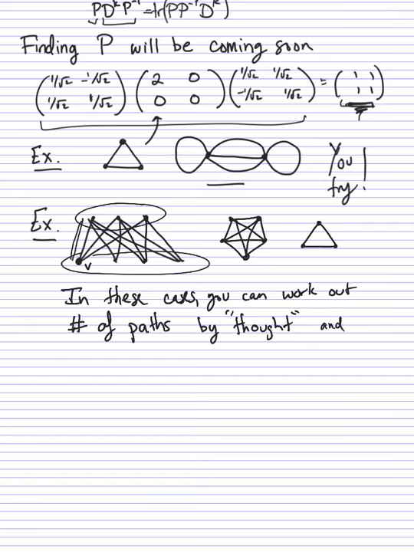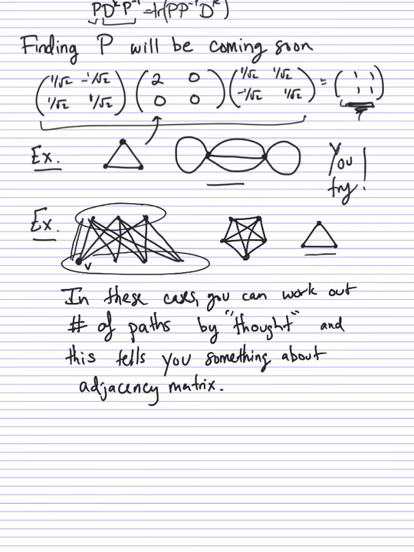And then this tells you something about the adjacency matrix A. You can think about just this 3 by 3 example if you'd like, or the complete graph on 3 vertices.